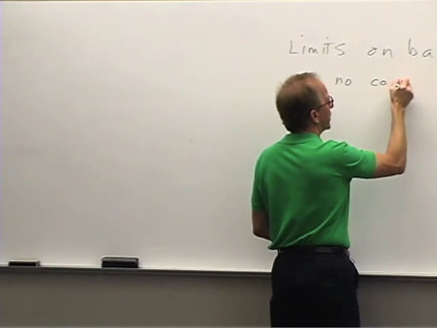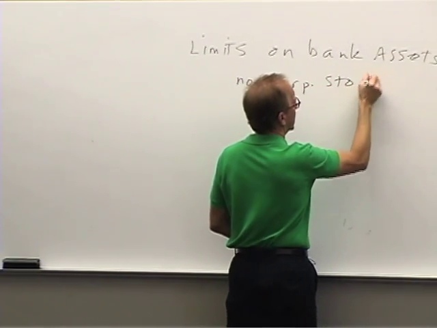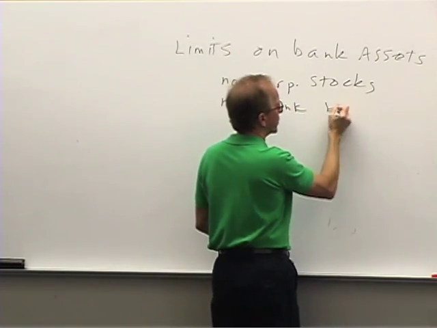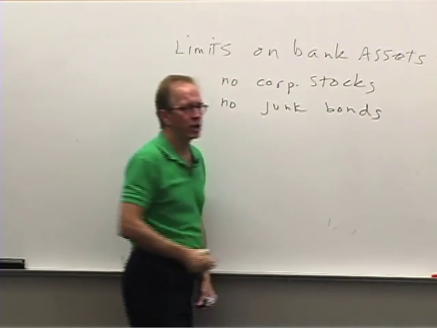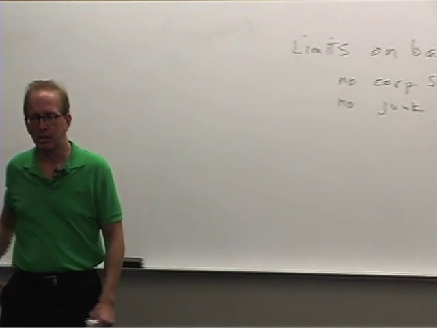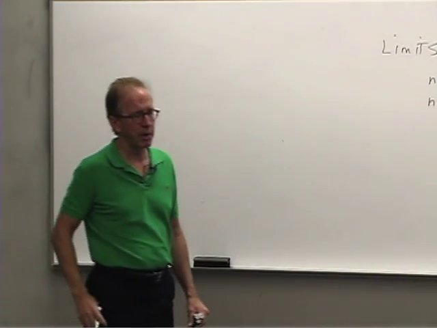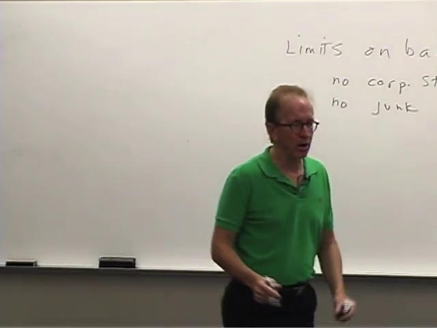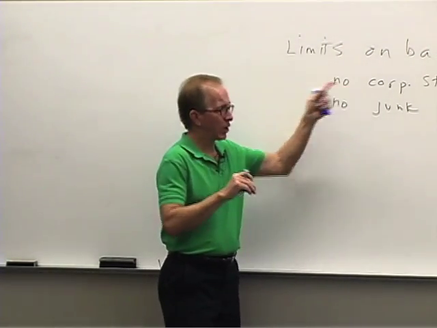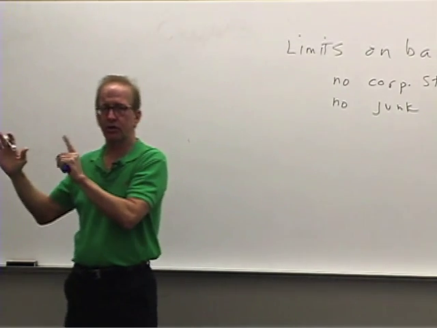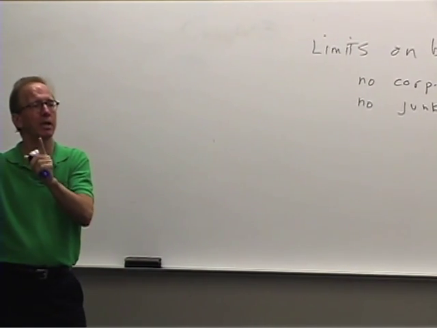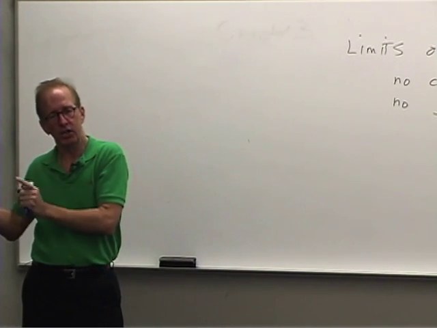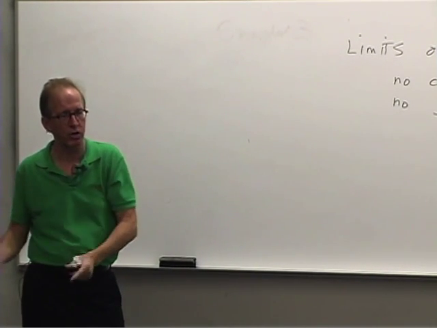No corporate stocks. No junk bonds. We don't want banks taking risky investments with depositor money. Now, banks sometimes do buy corporate stocks through the trust department, like if you come to them and they are managing your money, not your deposit, but just your assets, your net worth, and they are money managers in that sense.